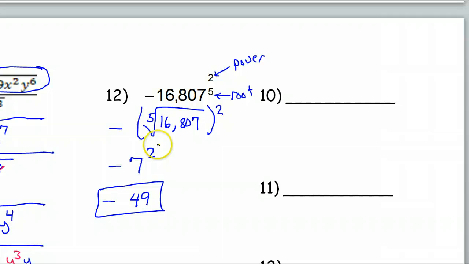Unless I have parentheses, this squaring only happens to the 7. The negative sign stays. I hope I emphasized that enough.